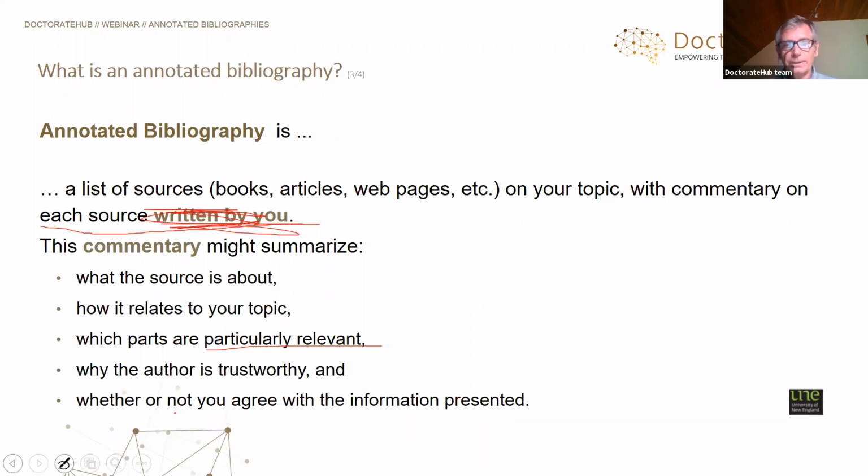And at the end of the evaluation, you can always put your own note on whether you agree with this argument or not, or whether the other literature agrees with this argument or not, and that will be helping you in building your argumentation as well.